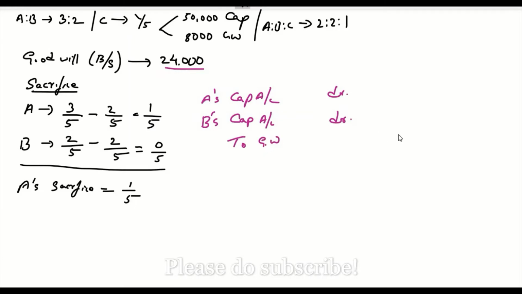We know the goodwill appearing in the balance sheet is 24,000. We wanted to understand the debit amount. So we need to distribute this 24,000 in the partners' old profit sharing ratio. So that is 3:2. Now if it is divided, it is going to be 14,400 and 9,600.